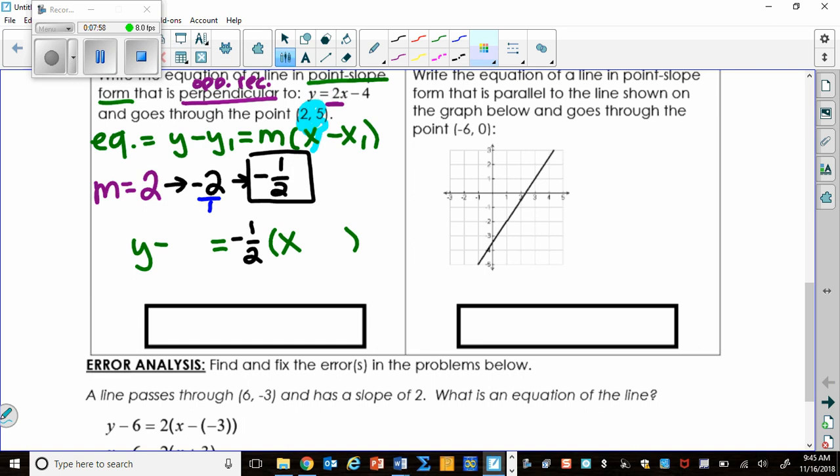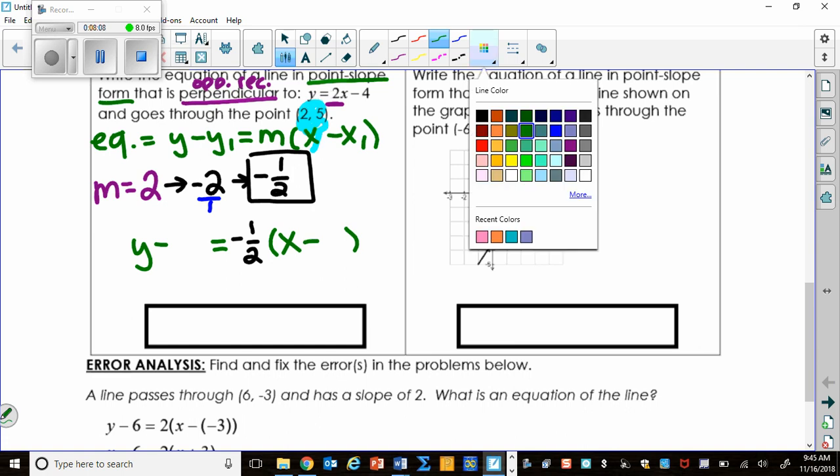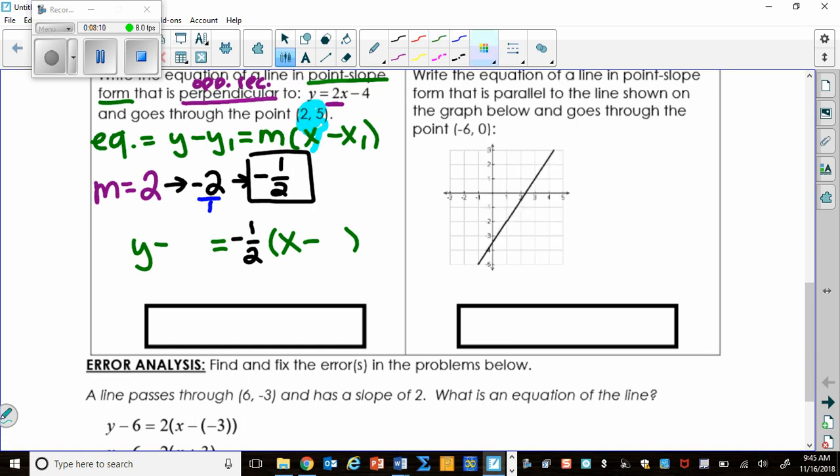For the minus x part of the slope, I'm going to look at the x value of this point, which is 2. So I'll have -2. Oops, I forgot that minus sign earlier. Now we're good. X minus 2 is what I'm plugging in. And then the y coordinate is 5, so y minus 5.